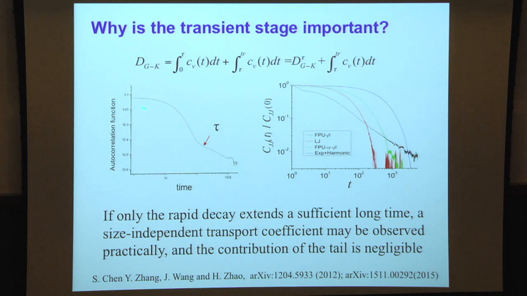So in this case, the kinetic theory works well, and you can apply the Boltzmann equation or the Einstein formula to calculate the diffusion constant. So I mean, the transient process is sufficiently important for physical applications.